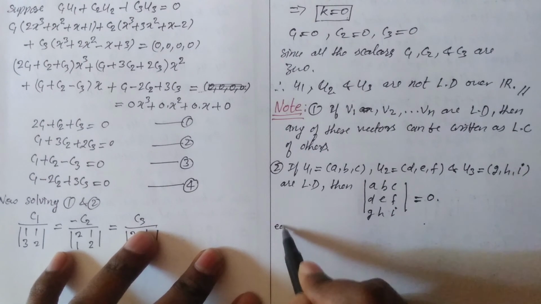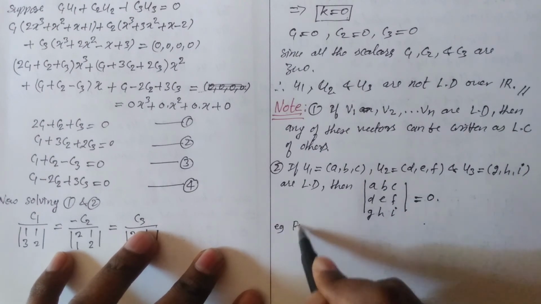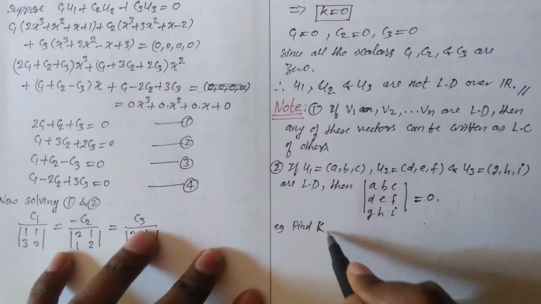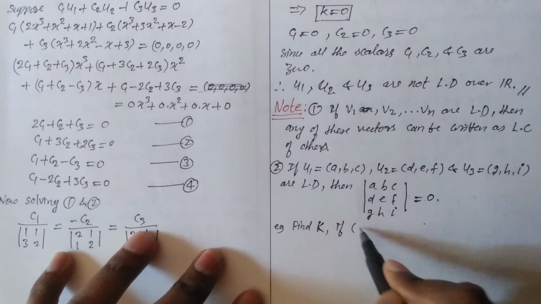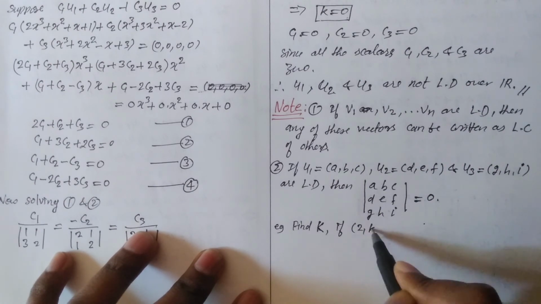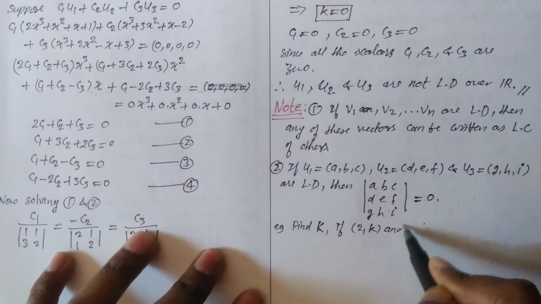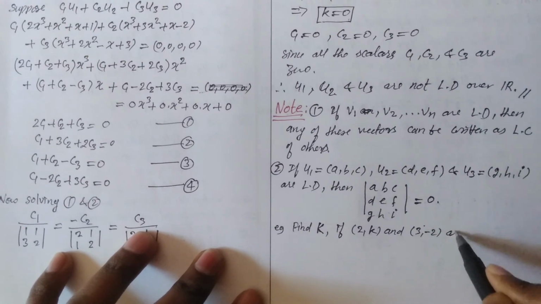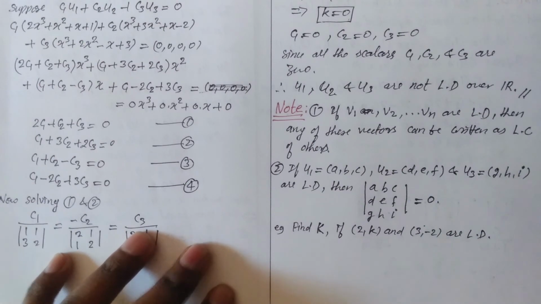For example, find the value of k if 2, k and 3, minus 2 are linearly dependent. Then how to find the value of k?